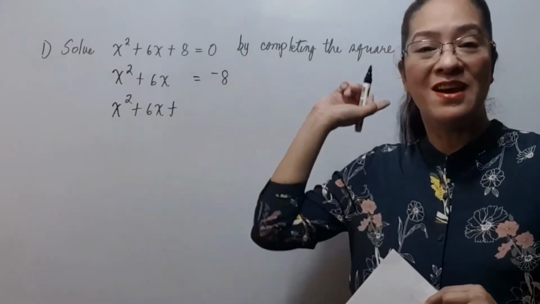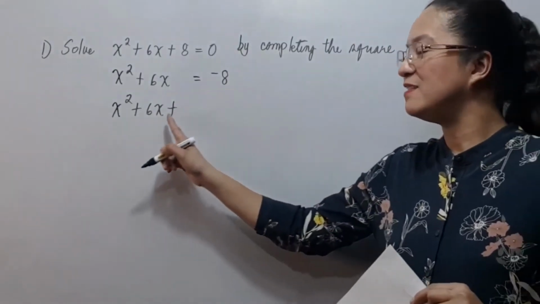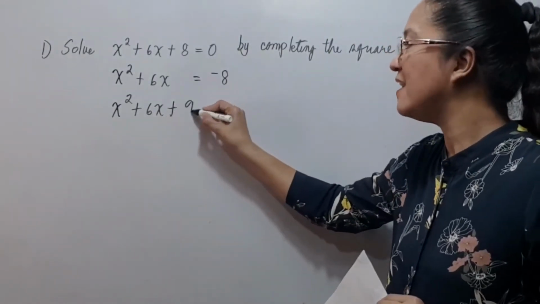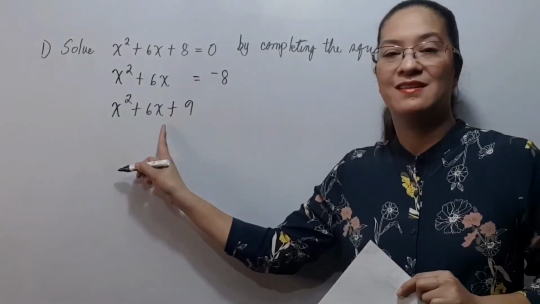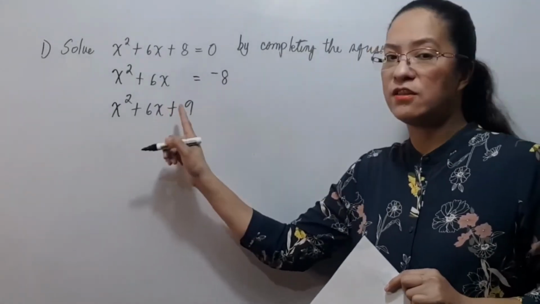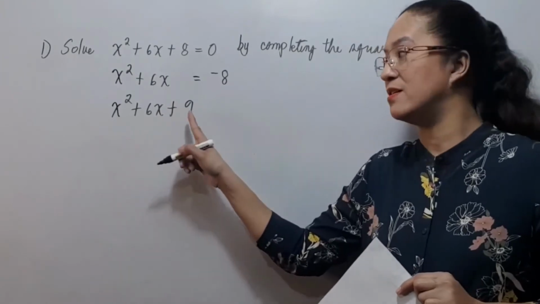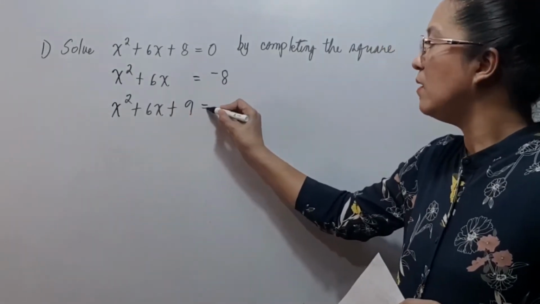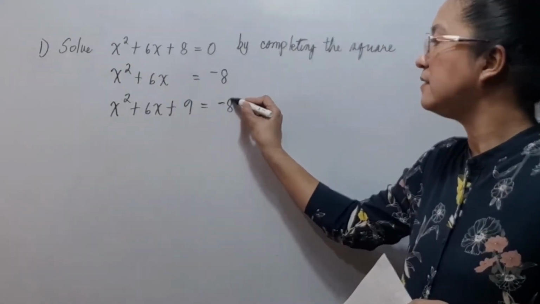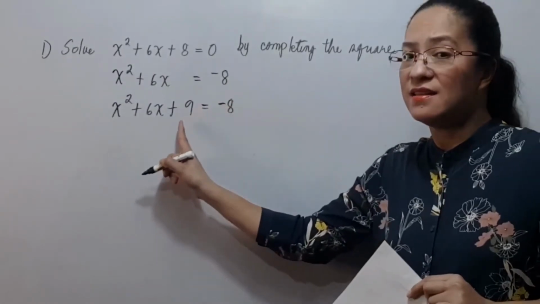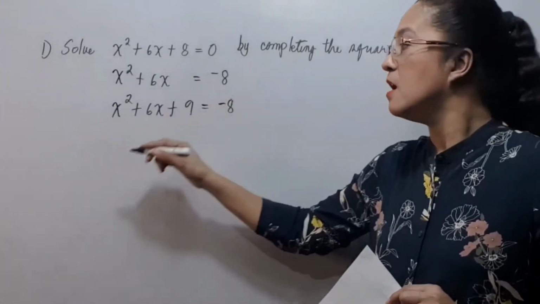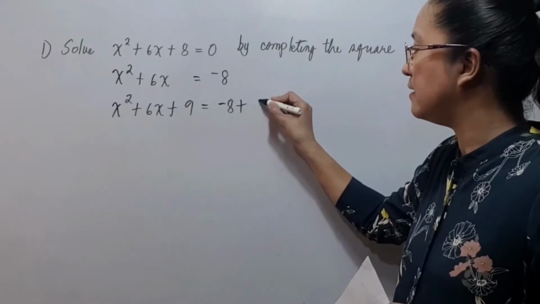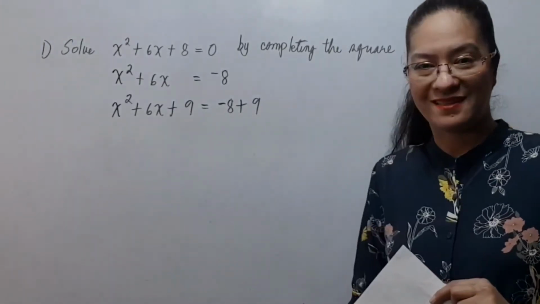Okay? Very good. So, you're going to add 9 on the left side. Kasi nga, 6 divided by 2 is 3. 3 squared is 9. Is equal to negative 8. So, since you added 9 on the left side, add din tayo ng 9 dito sa right.